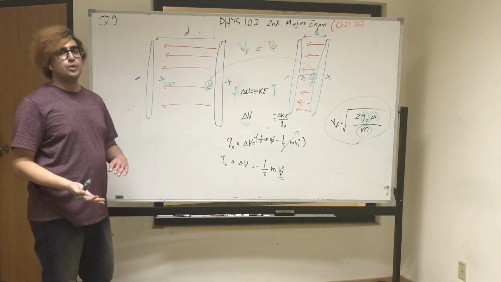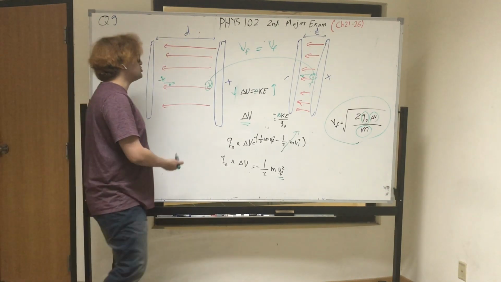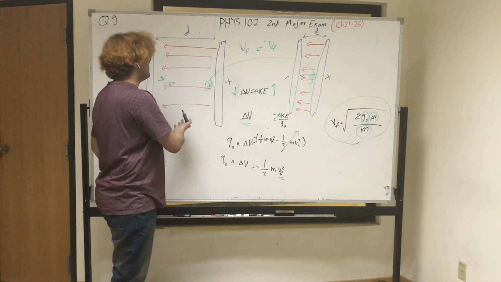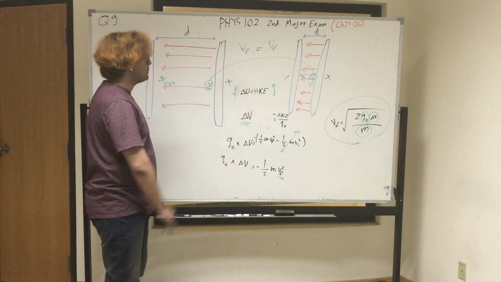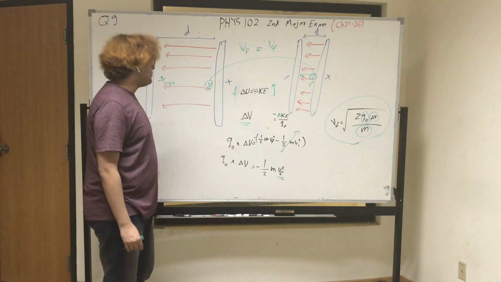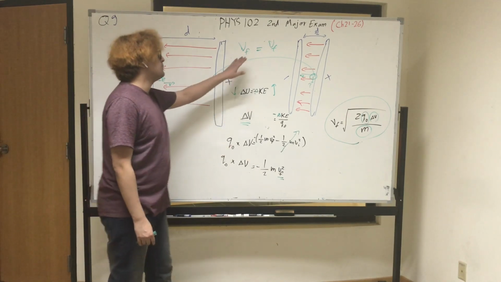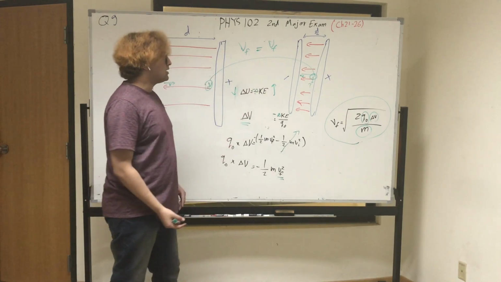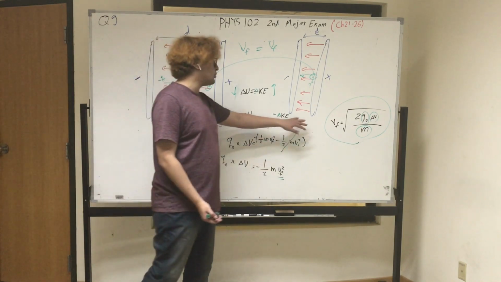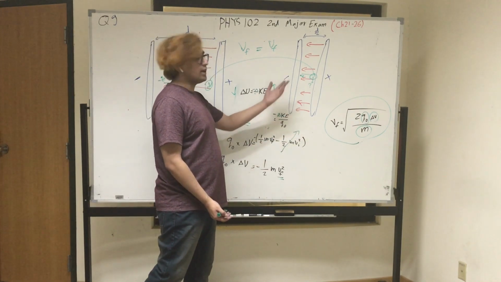Of course, some of you might have picked some other choices because you thought that the electric field is the same. If the electric field is the same, then we're not going to have this situation. The velocity here would be less if the electric field was the same.